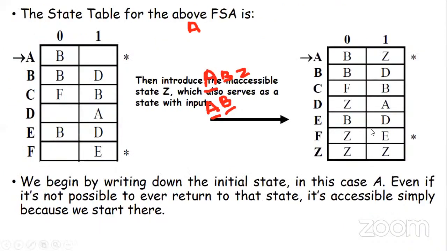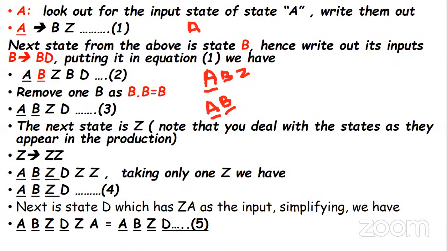B and D. Do you see it now? Yes, sir. B and D. So let's go back to this guy. We have B and D, you write them out.